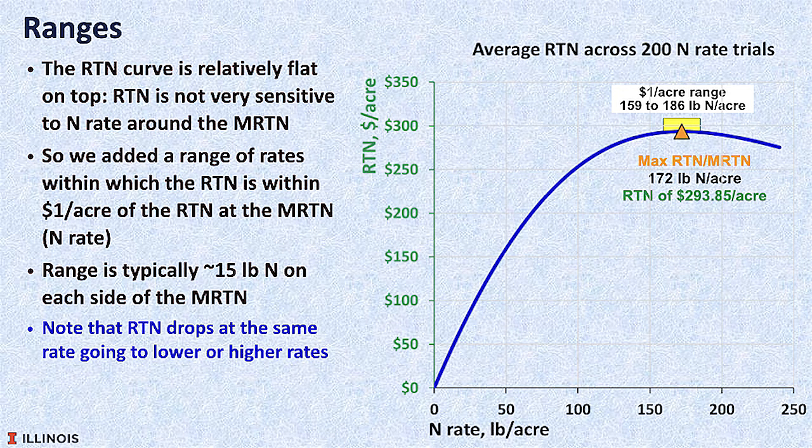So we noticed that the response was fairly flat on top. So we said, well, we can't really justify saying that this has a big response in that range. And so that's what we did.